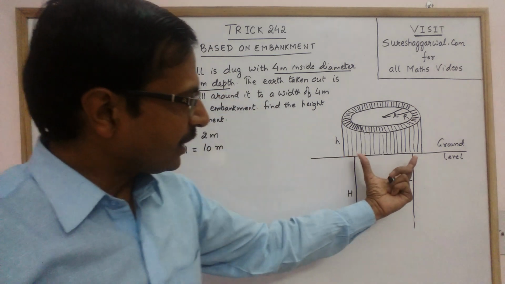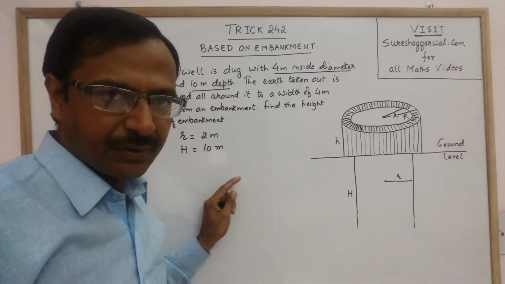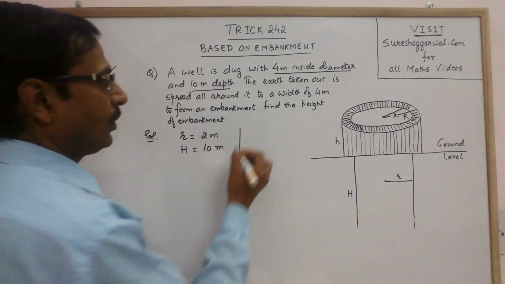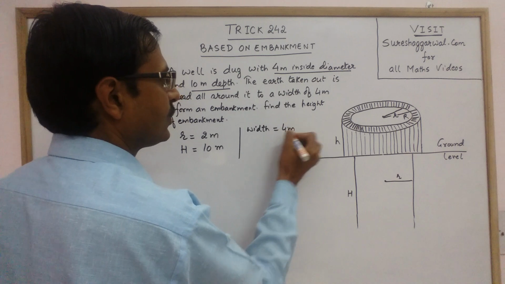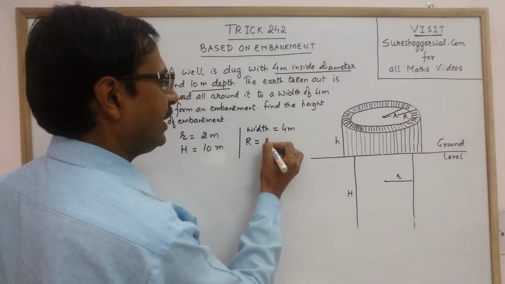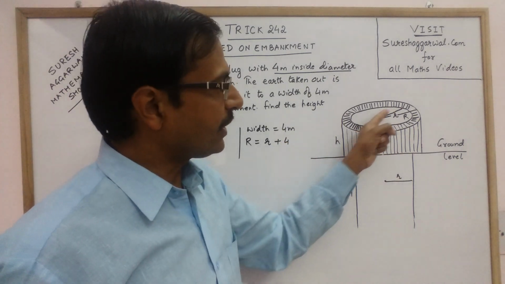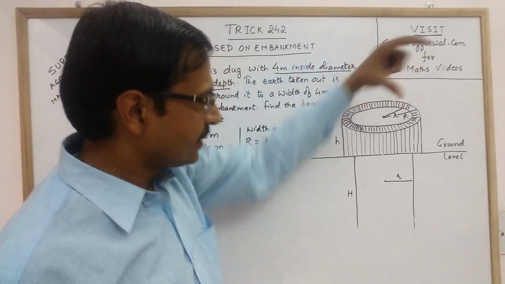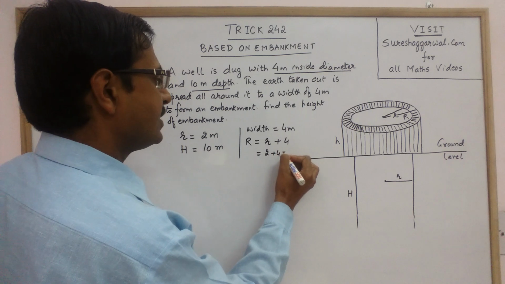So for the cylindrical portion, that of the well, the two dimensions are given, radius and height. The width of embankment is 4 meters. So for finding the external radius, capital R, we add 4 to the internal radius, because internal radius plus width will give us the external radius. So R will come out to be 2 plus 4, that is 6 meters.